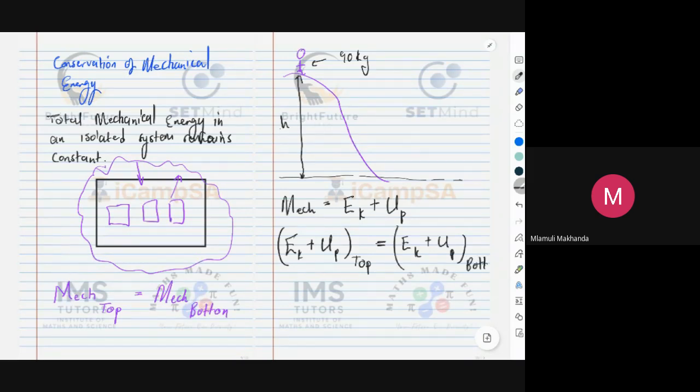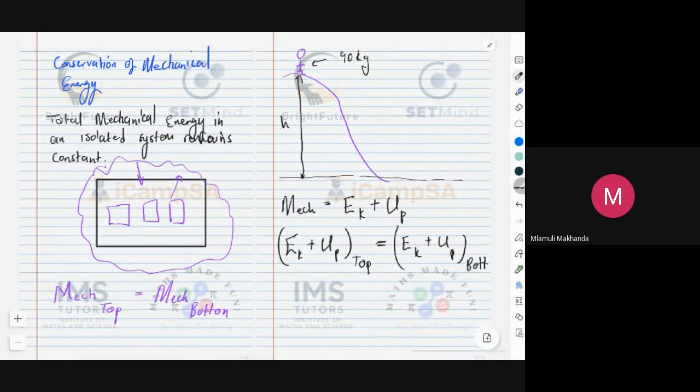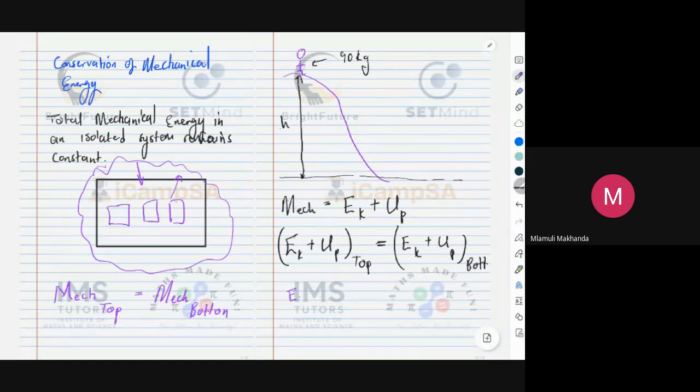This is what they are telling me. And remember, I've already shown you that kinetic energy is equal to 1 over 2 mv squared, and then potential energy is equal to mgh. This is the h here, right? The m, this is the m. What is the g? The g is 9.8 meters per second squared.